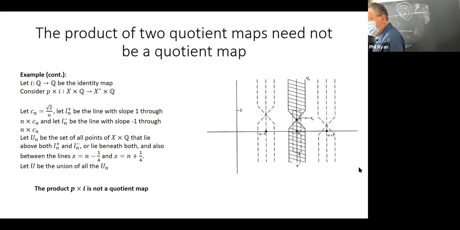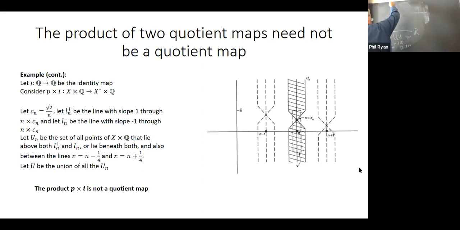So if U prime is open, then it's open in the product topology. So what does it mean for a set to be open in the product topology? What's a basis element for the product topology? Open sets, right.